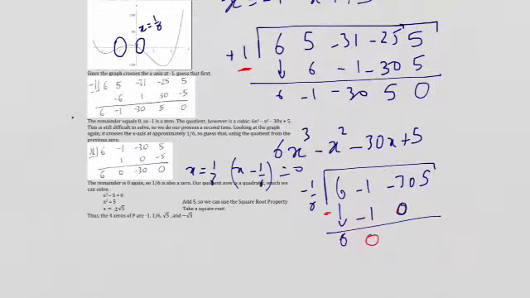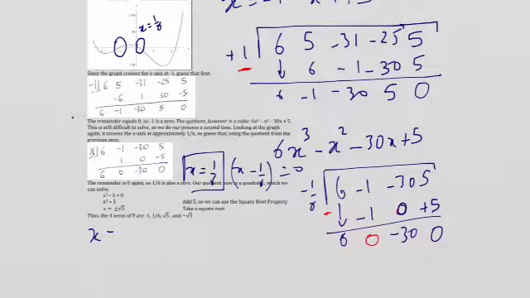I subtract, doesn't change anything, negative 30. And then I multiply negative 1 over 6 by negative 30, and end up with a plus 5. And I subtract, and at the end I end up with a 0. So now I know that my second 0 is x equal 1 over 6.